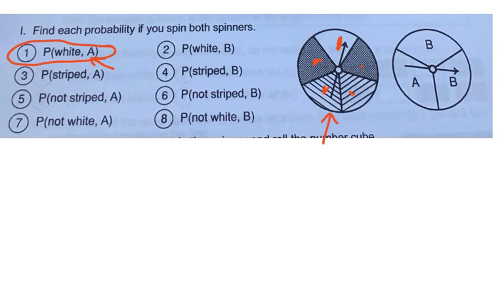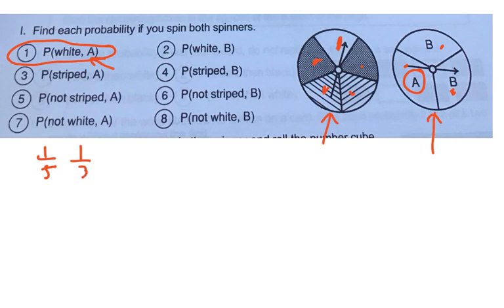So what's the chance of getting a white? It's 1 out of 5. And then look at the second spinner. Notice here's the A, it's one section. What's the chance of getting the A? Well, A is 1 out of 1, 2, 3 sections, right? So the probability of A is 1/3.